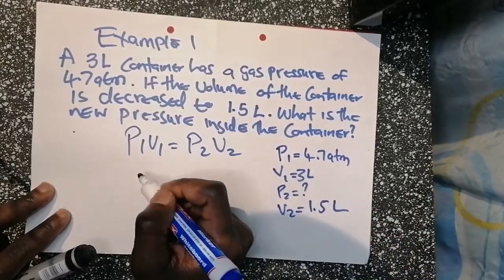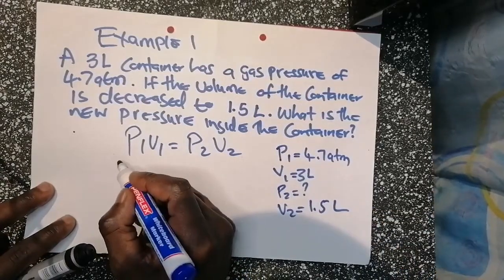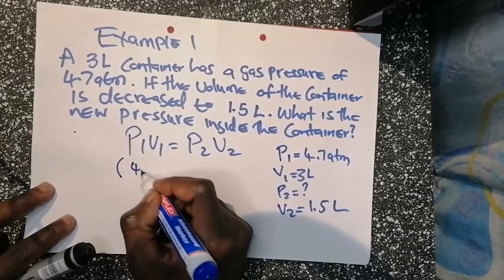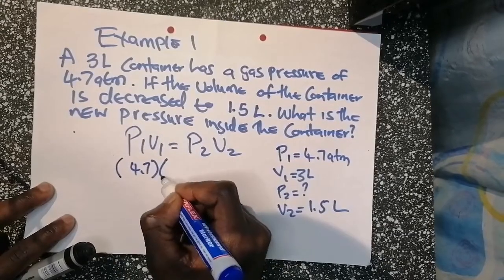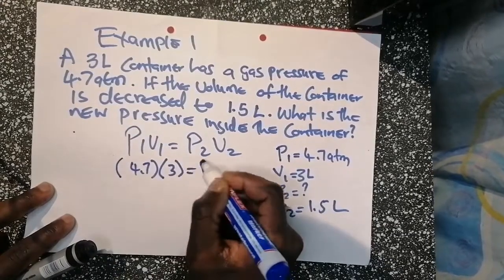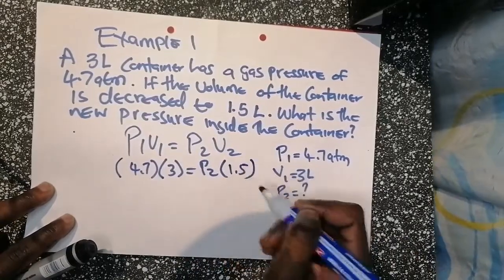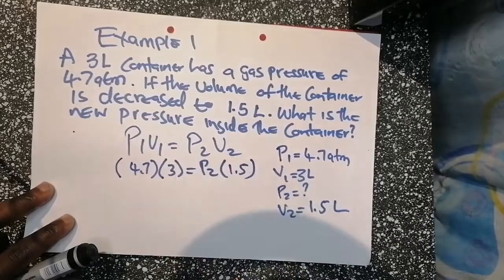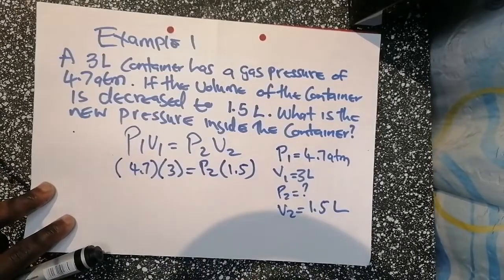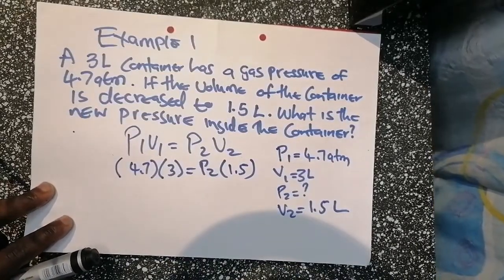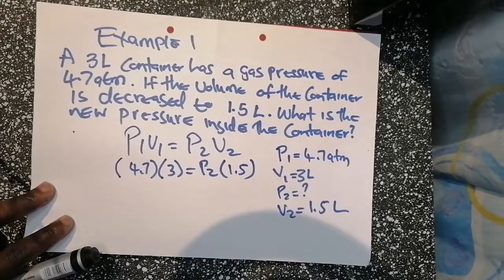Now let's see what's going to be our pressure. Let's plug in our values. P1 is 4.7. V1 is how much? 3. P2, we don't know. How about V2? 1.5, right? Now let's multiply 4.7 times 3. Well, let's take our calculators.